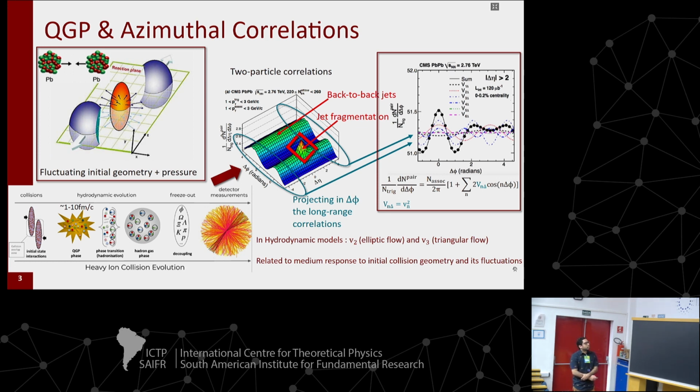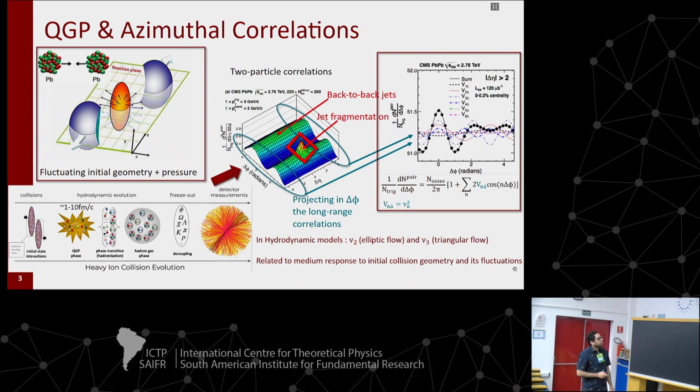The idea is basically that when you have a collision, for example a peripheral one, the spatial shape of the geometry, or the quantum fluctuations because of the configuration of the nucleons in the nuclei, are translated to the final state and presented as a final state correlation.